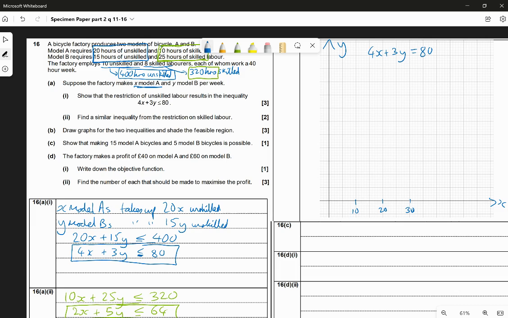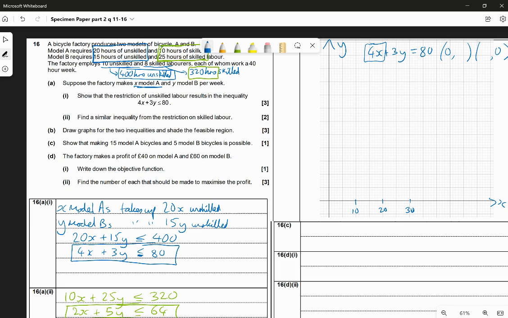To draw 4x plus 3y equals 80, the easiest way I find of doing equations in this form rather than in the form y equals mx plus c is just finding the y-intercept and the x-intercepts. Okay, so to do that, I just think, well, what's the value of y when x is 0? And similarly, what's the value of x when y is 0? So when x is 0, the 4x is going to be 0 and 3y is going to be equal to 80.